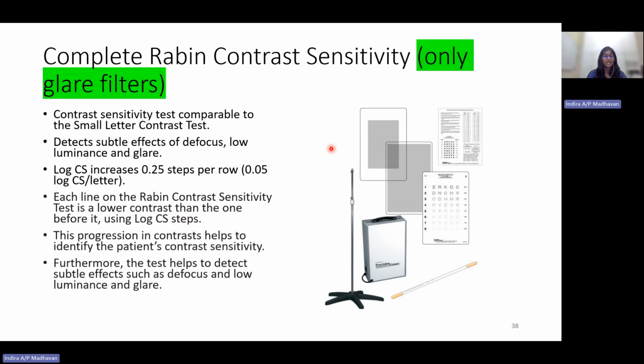In this chart, the log contrast sensitivity increases by 0.25 steps per row. Each line on the chart is lower contrast than the one before it, using the log CS steps. The progression in contrast helps to identify the patient's contrast sensitivity. Furthermore, the test helps to detect subtle effects such as defocus, low luminance, and glare.